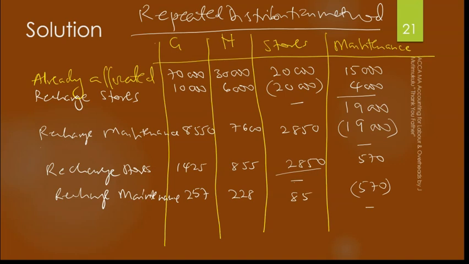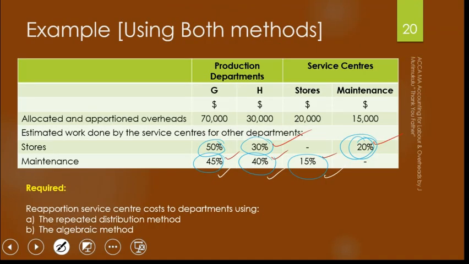All right, we then have to remove the 85, and obviously here there will be a 0. How do we recharge stores? We recharge stores using the 50, 30, 20.